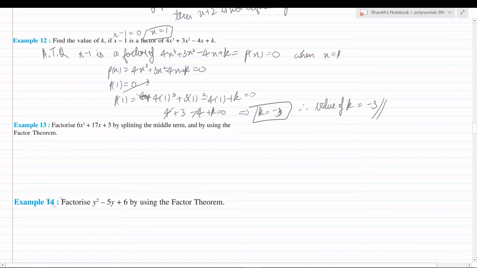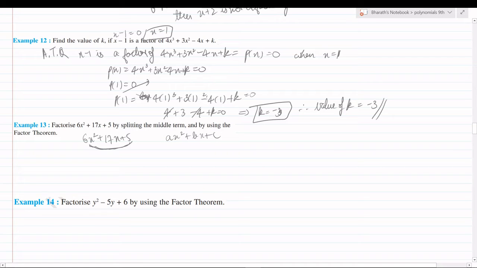So now let's go for the 13th example. Factorize 6x squared plus 17x plus 5. This is by using factor theorem. Just keep in mind, when you're factorizing, you should always split the middle term. Let me write down the question first. Let's write it as a general ax squared plus bx plus c.